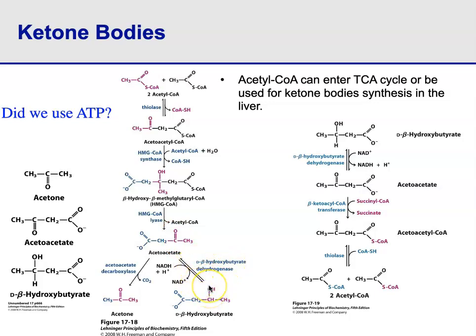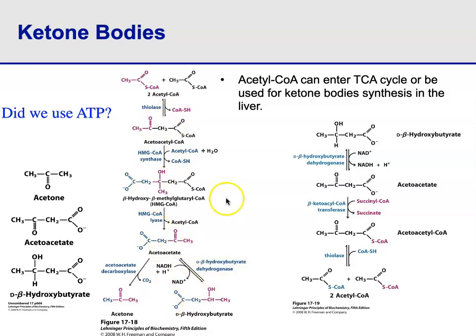Now, beta-hydroxybutyrate and acetoacetate, actually all 3 of them, are released into the blood, and they can pass through membranes. That's the beautiful thing about the ketone bodies. When they reach their target cells, the beta-hydroxybutyrate gets oxidized to acetoacetate. Basically, we're going backwards now, but in a different cell.